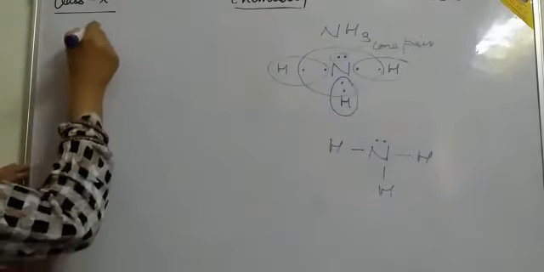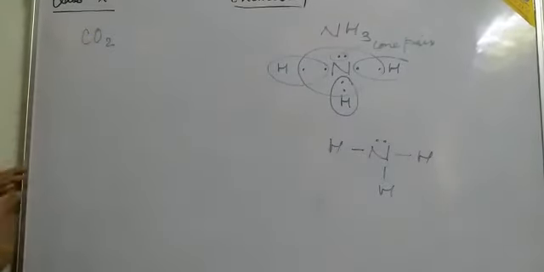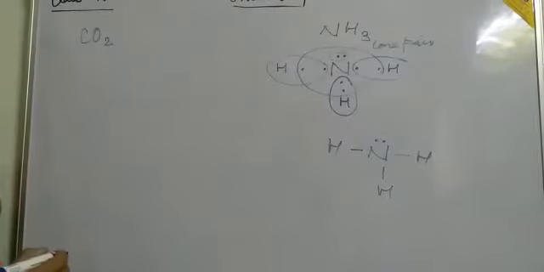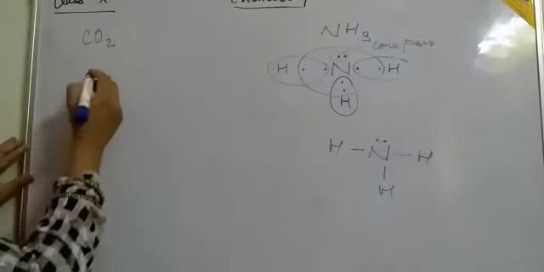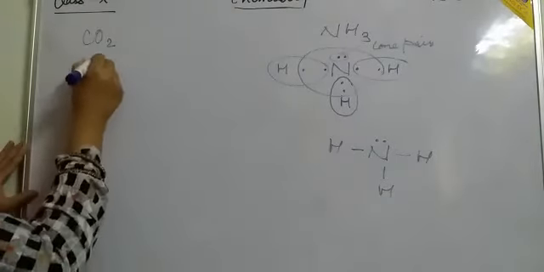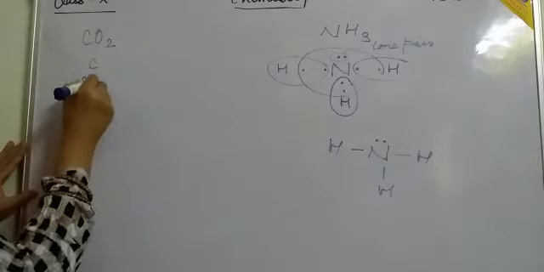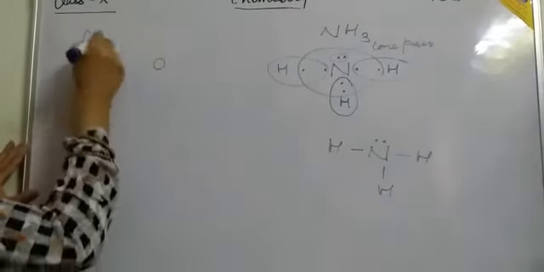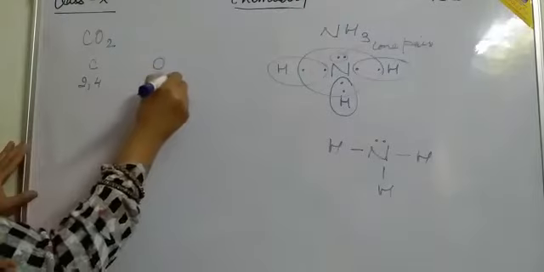Take the example of CO2. Practice these dot structures 3-4 times. You must understand the structure, and if you have any query, ask me. For carbon, the electronic configuration is 2-4, and for oxygen the electronic configuration is 2-6.